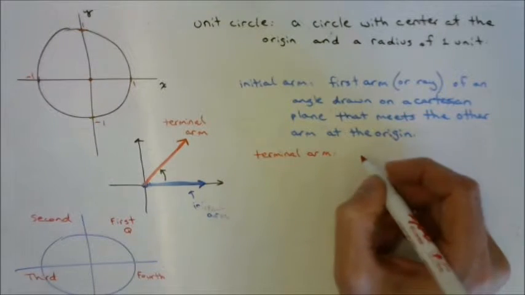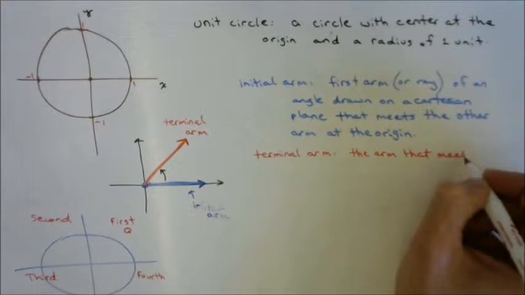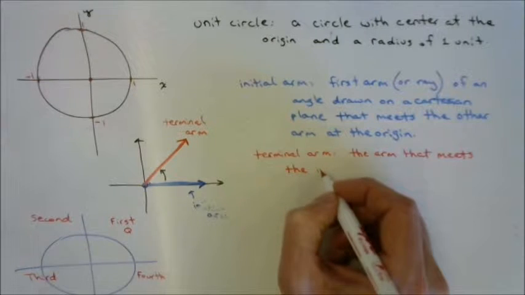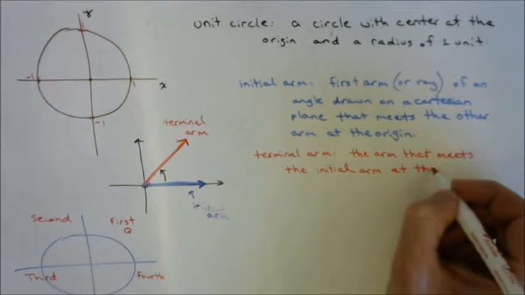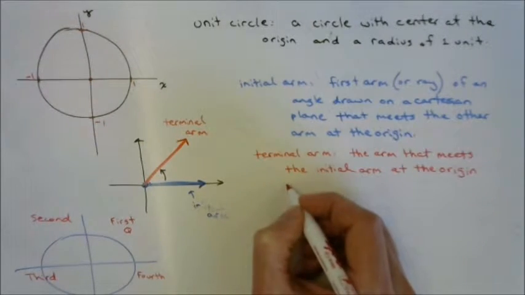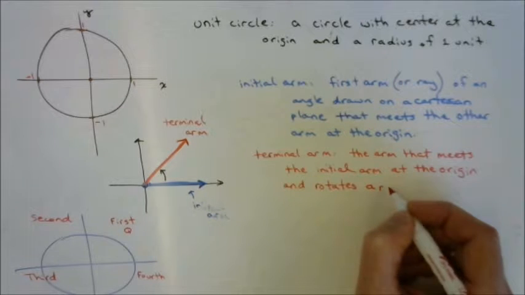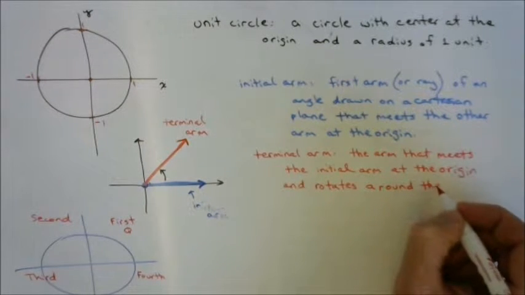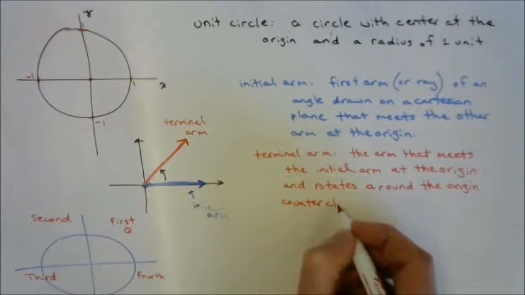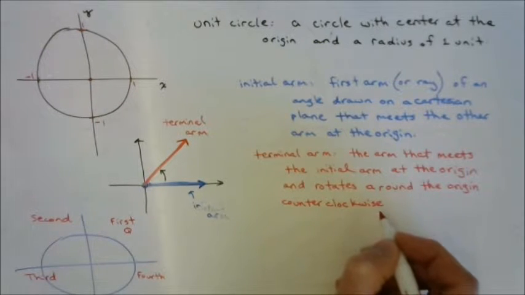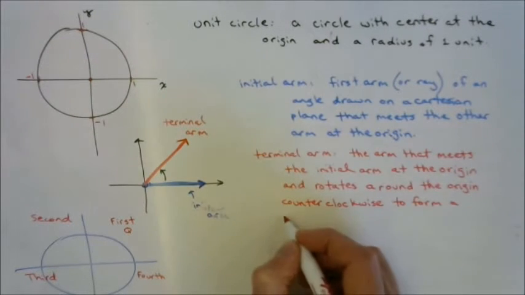The terminal arm is the arm that meets the initial arm at the origin and rotates around the origin counterclockwise to form a positive angle.